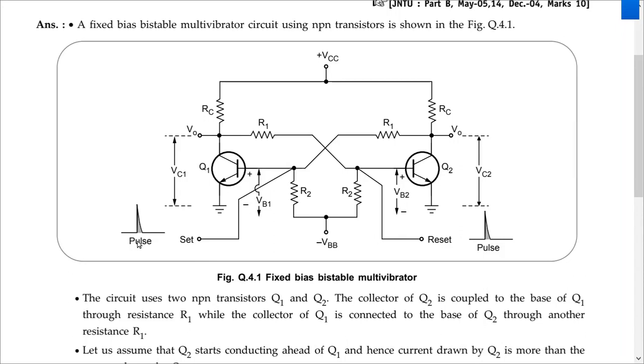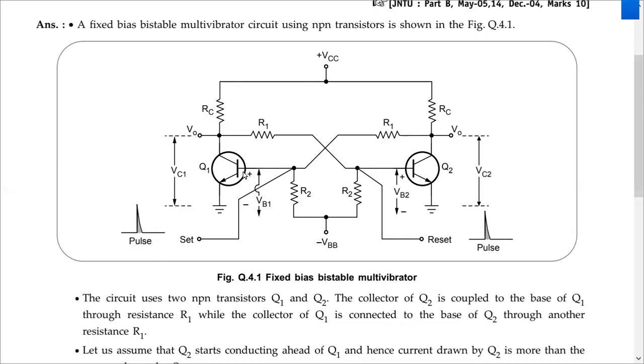Pulse means simply high voltage for a short duration. So we are forcing Q1 to go on, because we are giving positive voltage at the base of the NPN transistor.